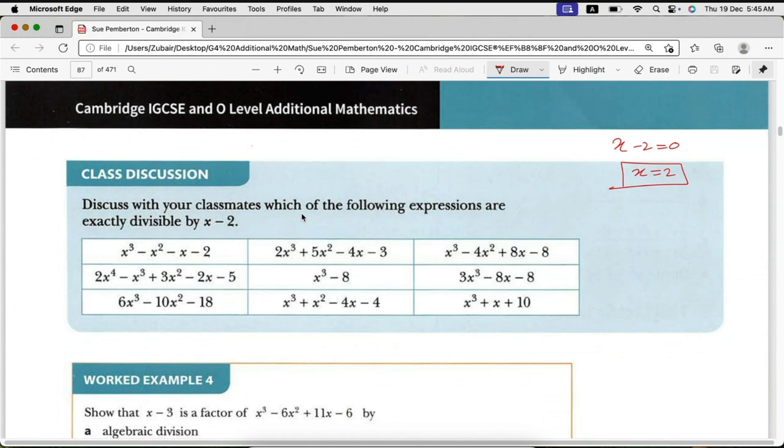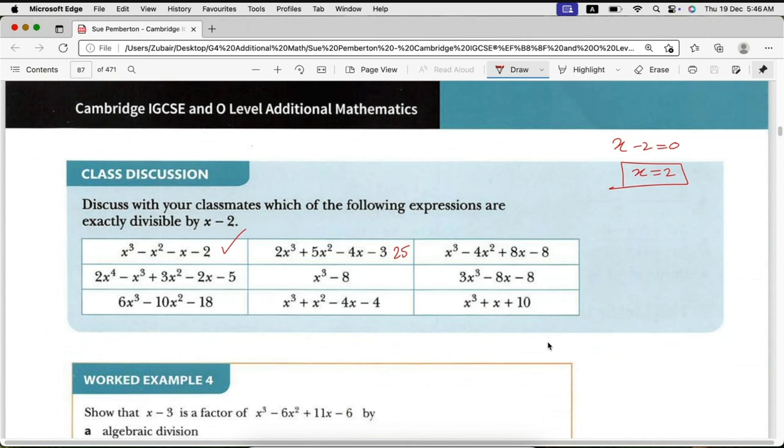I'm using calculator and punching in 2 in the first expression. I'm getting 0. So this is a factor. Let's quickly try them where we would not get it as a factor. In the second one, I'm getting 25.